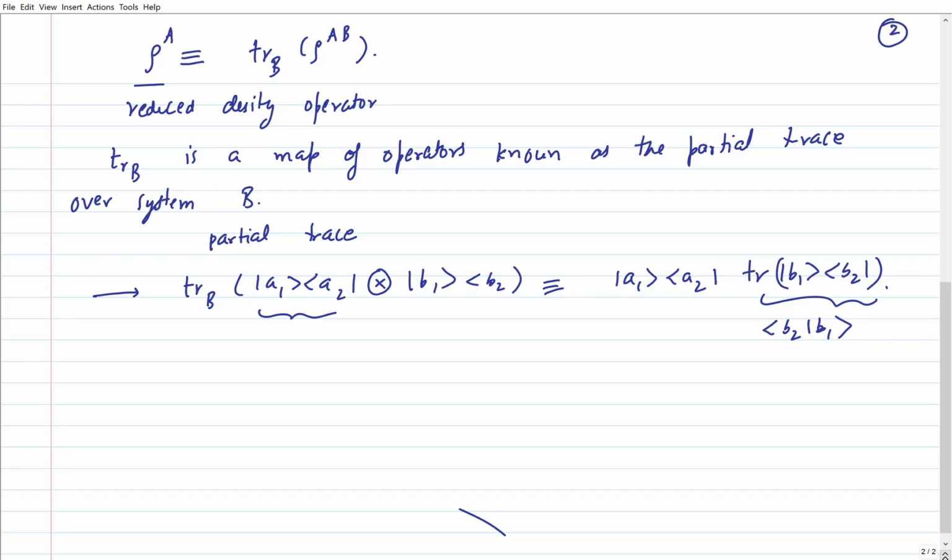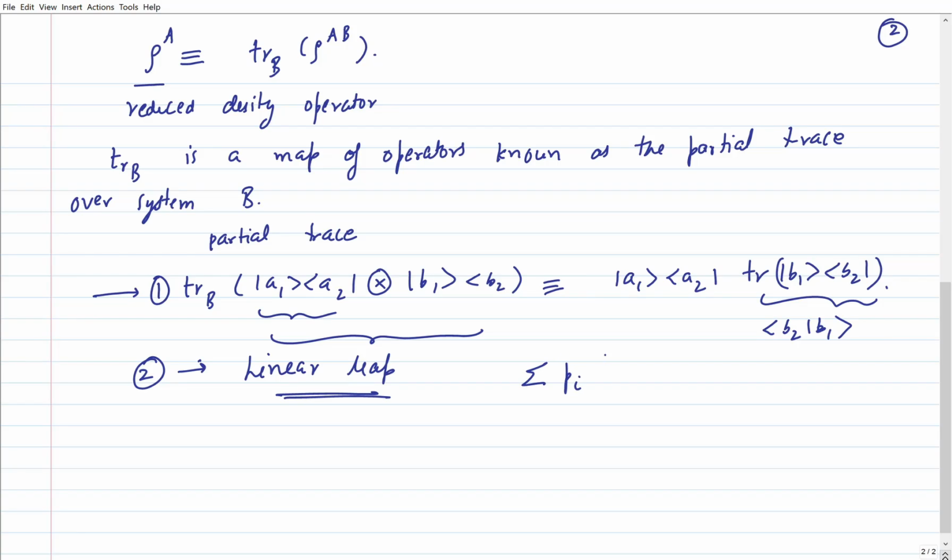Of course, we have defined it for a specific set of inputs which are a tensor product. This definition is complete by also recognizing that the partial trace operation is a linear map. So these two conditions, 1 and 2, the fact that it's a linear map, meaning it will act on any density matrix linearly.